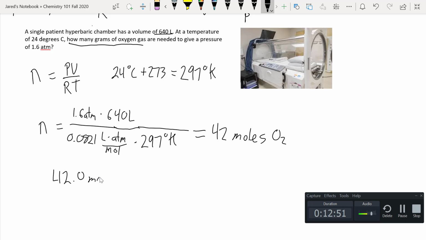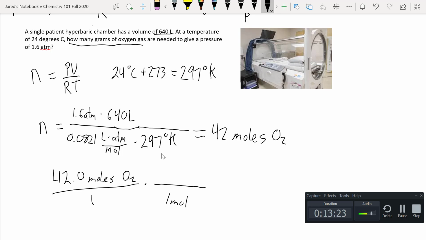42.0 moles of O2. To convert that to grams, we would use the molar mass on the periodic table, where 1 mole is going to be equal to, remember that oxygen gas is diatomic, meaning there's 2 oxygens for each molecule. And if you look on the periodic table, you will see that 1 oxygen is about 16 grams per mole.